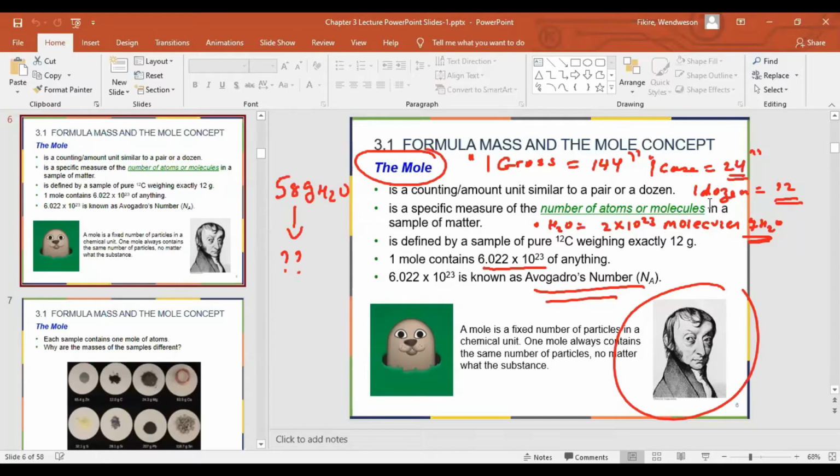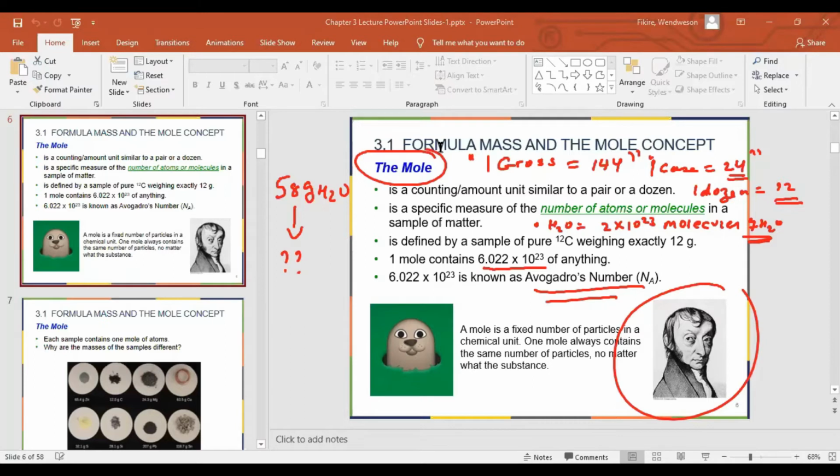Who can try that? I don't want you to count, but you can give me an idea of how I would be able to do that. Would it be 58 times Avogadro's number? Explain it more, Marcus. Professor, would it be how we did last class?